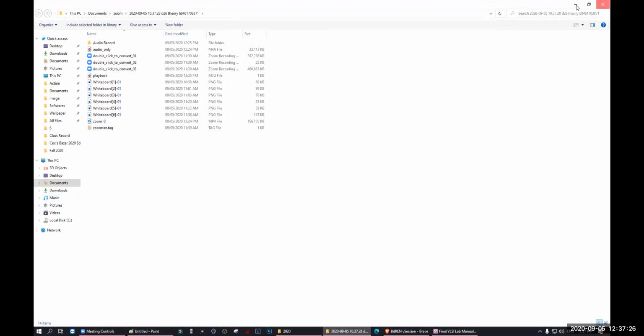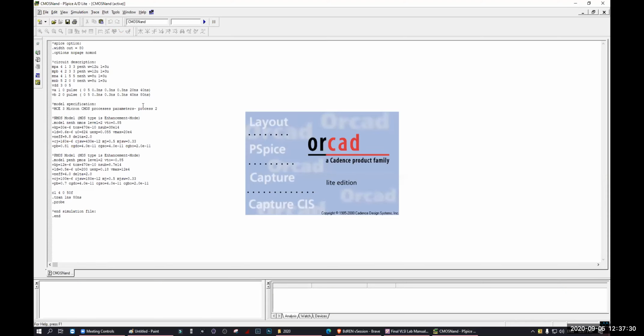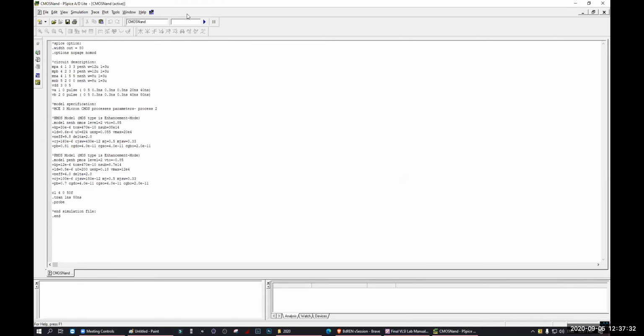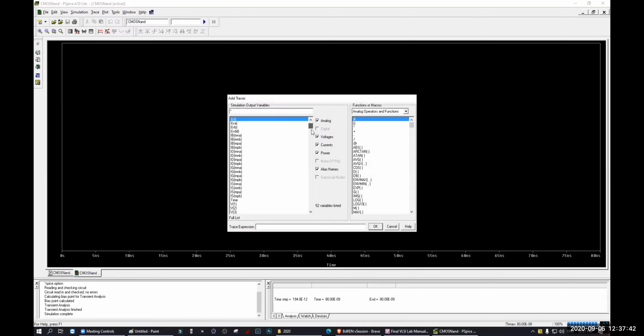Okay, let's see. Here, can you see it is a CMOS NAND? If you double click it, your software will open. Now run. Oh no, go to the trace. Here we need CL, we need VA, we need VB. All the V means voltage: voltage CL, voltage VA, voltage VB.